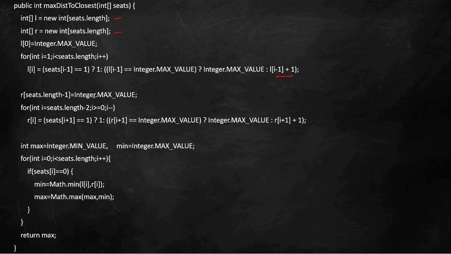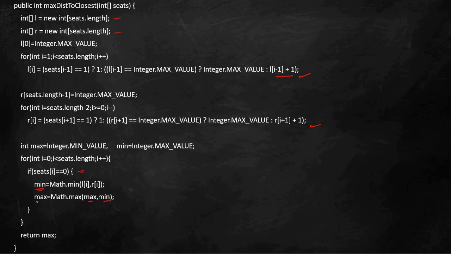Okay. And similarly for the right one, we are going from the right side and doing the exact same logic that we are doing here. Once that left and right array is built, then we can have one for loop and go over only the seats that are not occupied. Only for those we check the min between left of i and right of i, and once we have the min value, then we get the max between the current max and this min value.